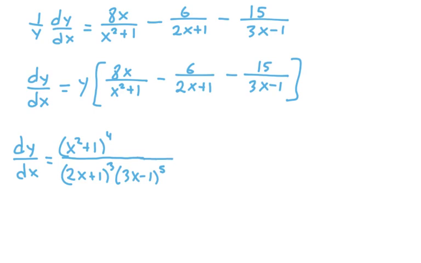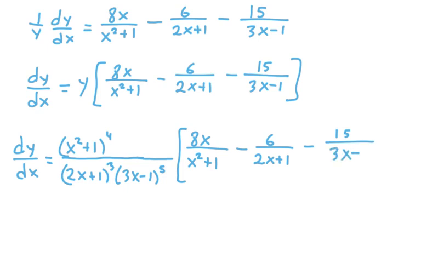Okay, that's y, times the rest of it, which is 8x over (x squared plus 1) minus 6 over (2x plus 1) minus 15 over (3x minus 1). And that's how you do 3c.